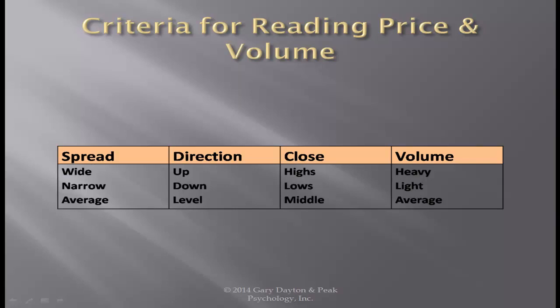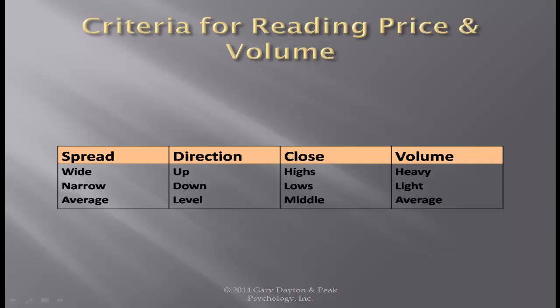And we're just comparing the last few bars. There's no magic number, 4, 5, 6 bars. It should stand out to you. If it's not standing out, then it's probably average. If it does stand out, then it's either wide or narrow. Okay? And they have significance, and we'll talk about the significance of those. But that's what we're looking at when we look at the spread. Is it a wide spread? Is it an average, like the last few bars? Or is it fairly narrow?